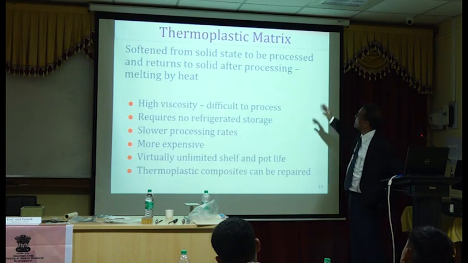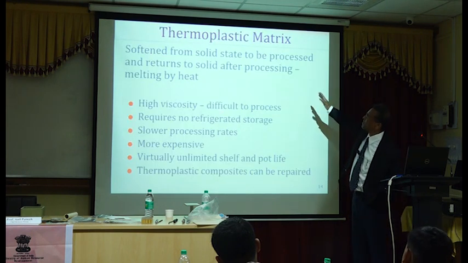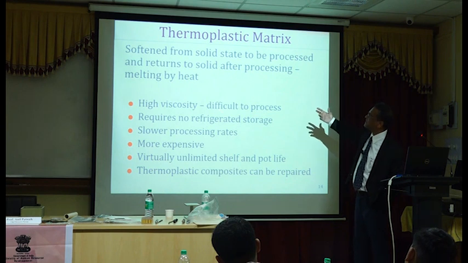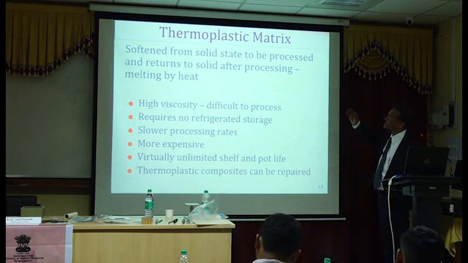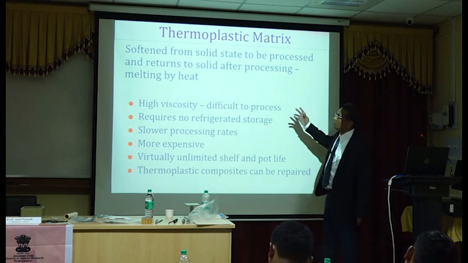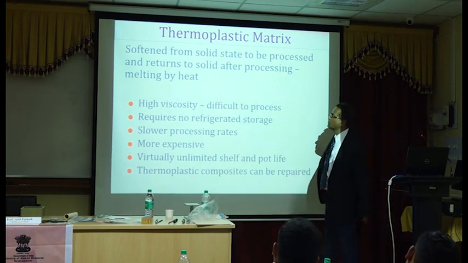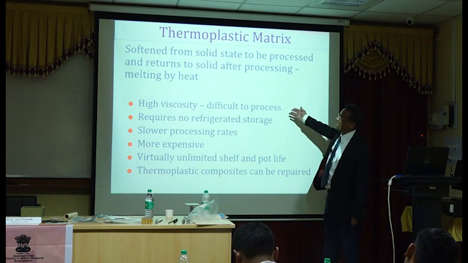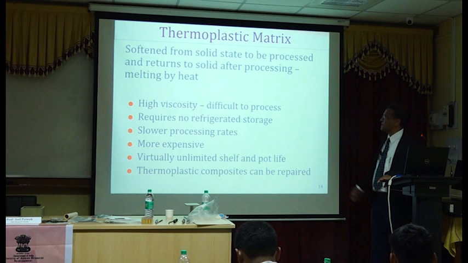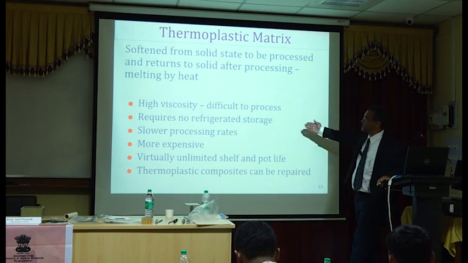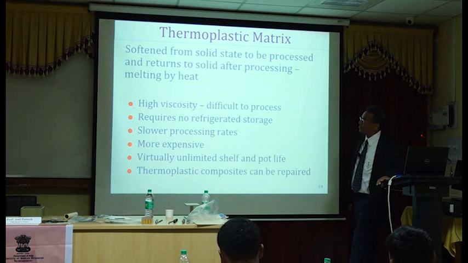Similarly, for thermoplastic matrix, we have a few good things and a few bad things. Heat can alter it; you can make it softer and work with it when you heat it. So it is slightly more difficult to process, requires no refrigerated storage, has slower processing time, and is more expensive.